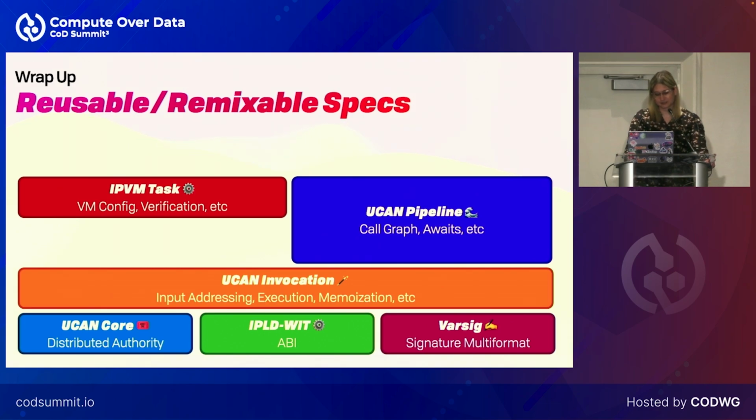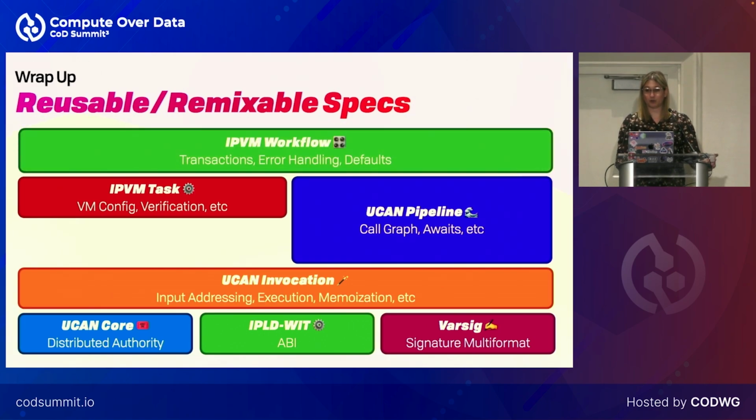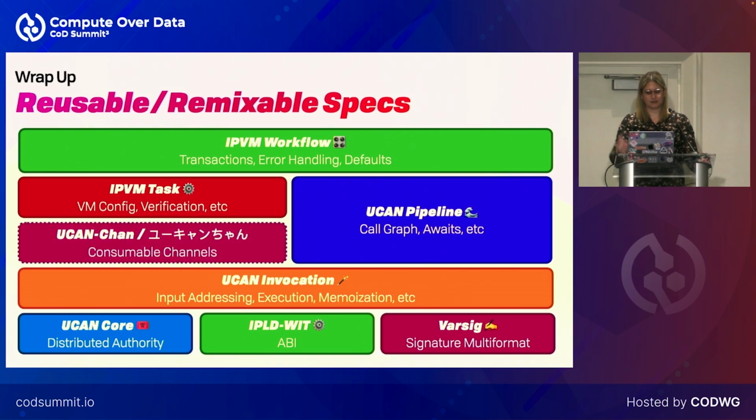IPVM tasks and IPVM workflows to get the entire graph. And the next piece that we're going to work on is channels for anything that's consumable. So fuel, money, tokens, timeouts, et cetera, saying, OK, I'm allowed to use this many network resources or this much economic resources. We can do that entirely off-chain, built on top of UCAN.